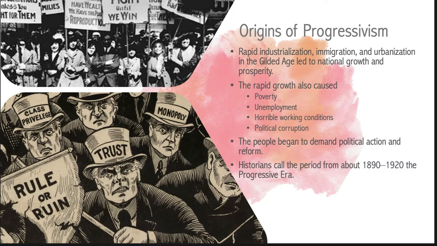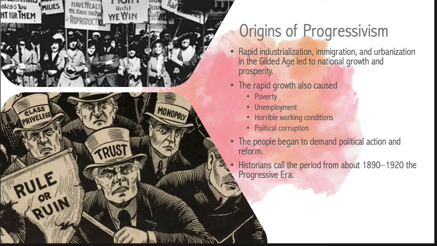Now, the combination of all of these three pieces led to national growth and prosperity. But with that rapid growth also came poverty, unemployment, terrible working conditions, and political corruption.